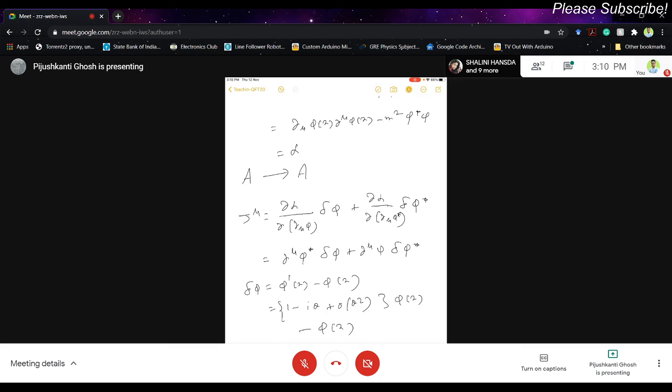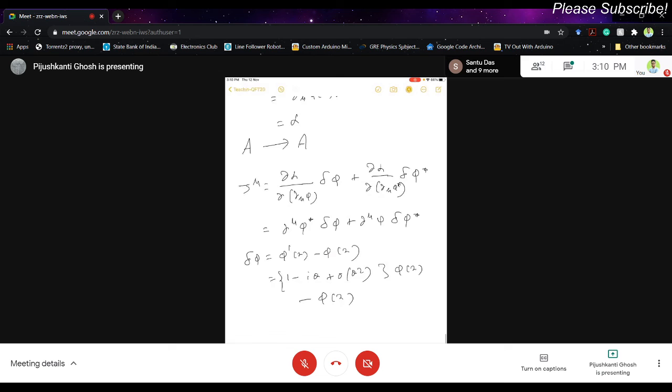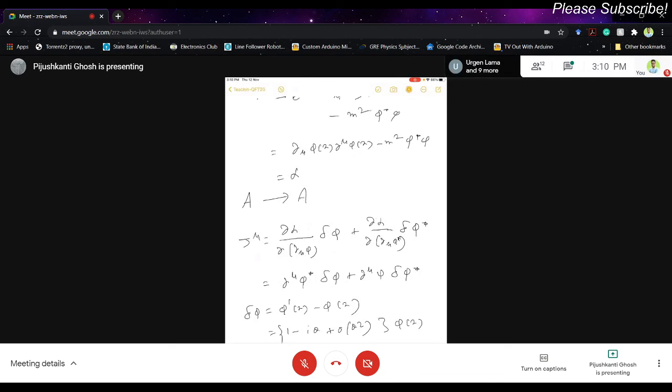The first term is phi prime x. We expand the series: 1 minus i theta plus minus i theta whole square by factorial 2. This way it will go on.